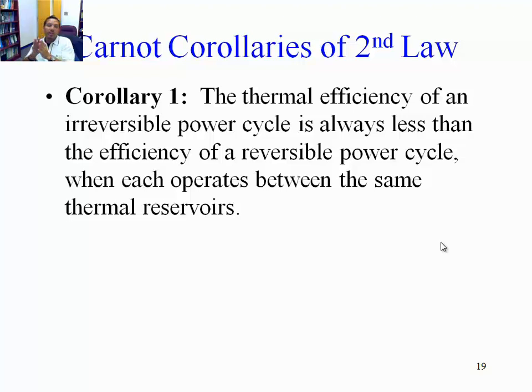We know that the efficiency limit is 100%, but that's impossible. So within 2 thermal reservoirs, there's got to be a limit to the efficiency that you cannot really obtain in actuality, and that is established by this corollary. And it's not 100%; it's somewhere below 100%, and that is the limit. You cannot produce more than that.